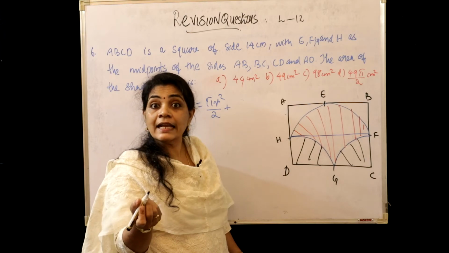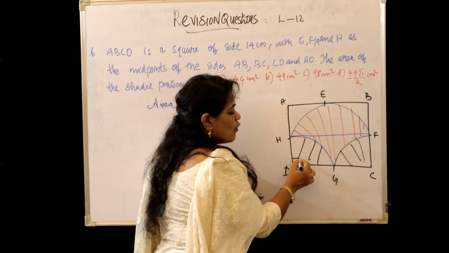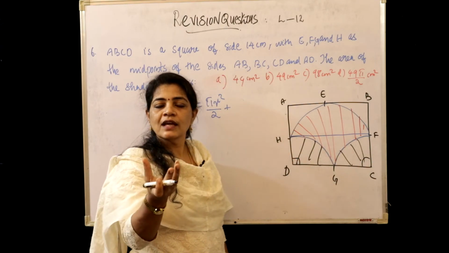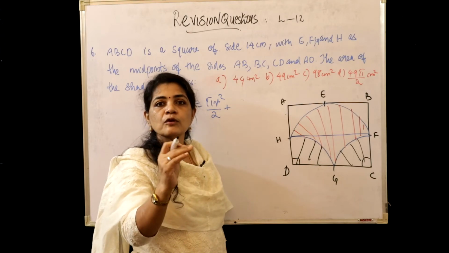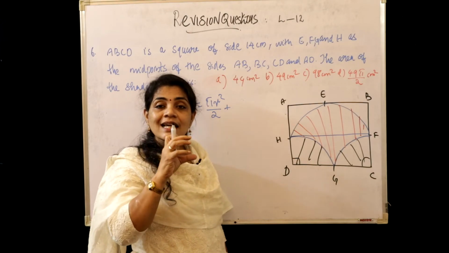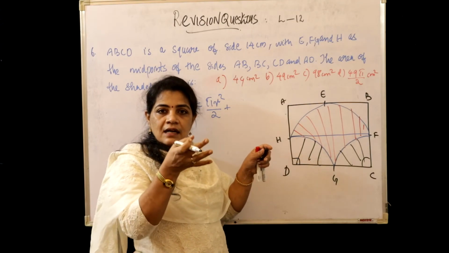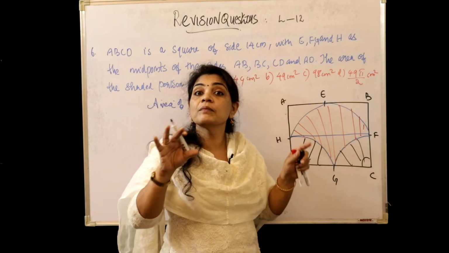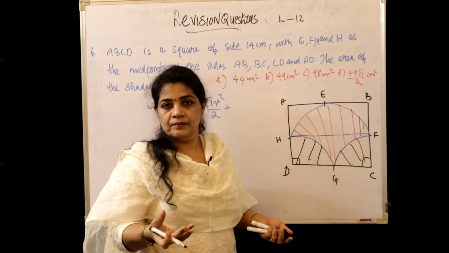Because it's a square, each angle is 90 degrees, so this will form a quadrant, and we have two quadrants. We know the area of a quadrant is pi r square by 4, and for two quadrants, 2 into pi r square by 4. That area is not there, so if you consider half of the square, these two areas should be subtracted from the area of half of the square.